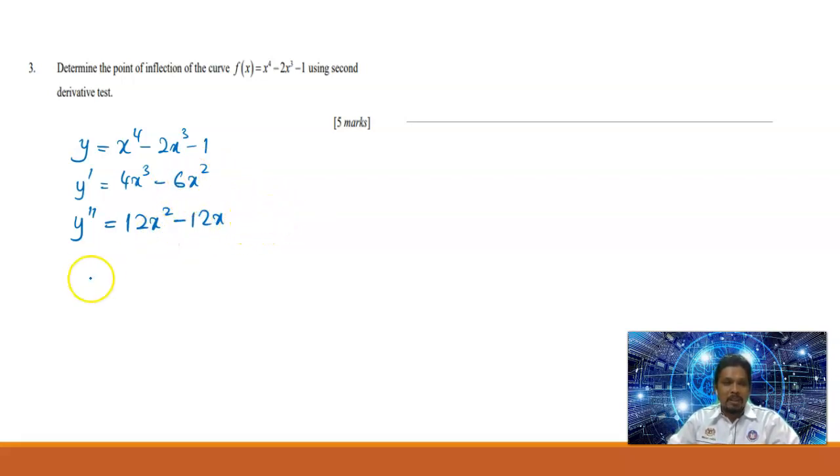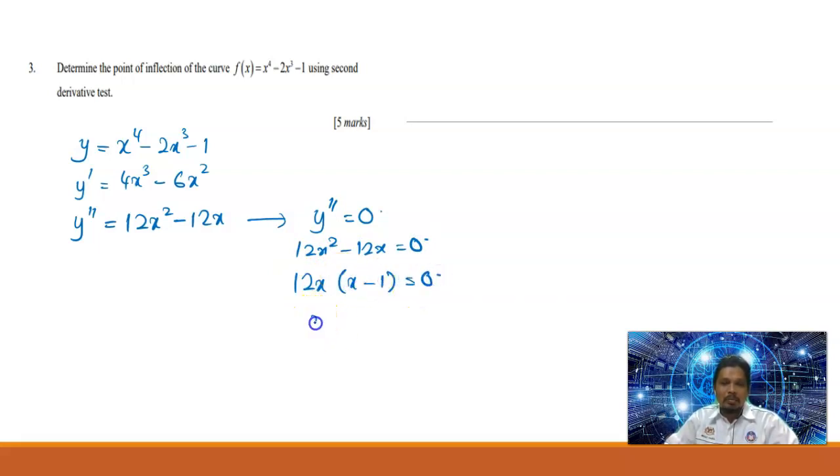So now we're going to find the value of x from the second derivative. Let's make y double prime equal to 0, which is 12x squared minus 12x equal to 0. Then 12x times x minus 1 equal to 0, so x equal to 0 or x equal to 1.